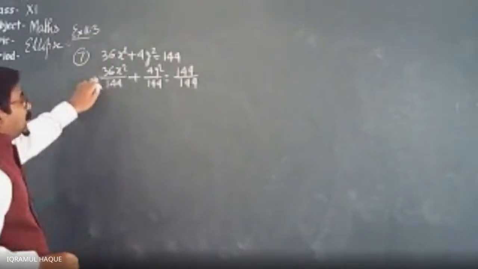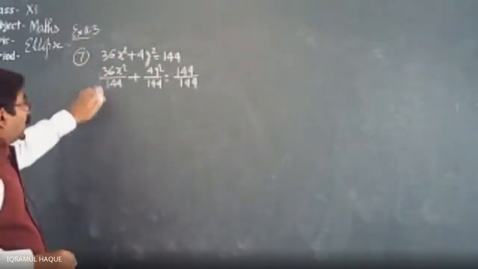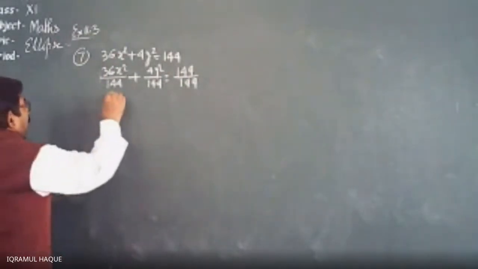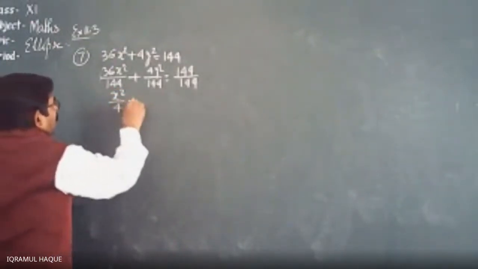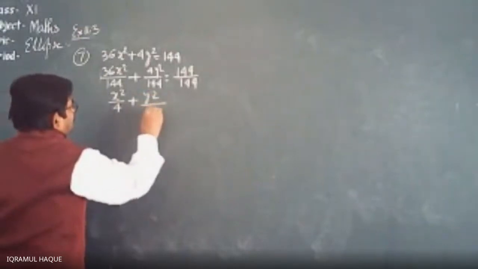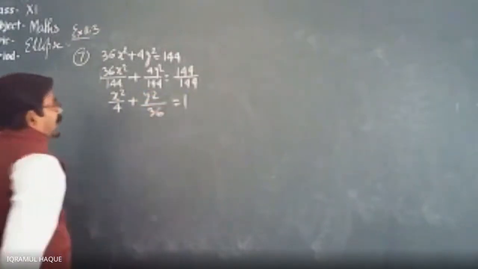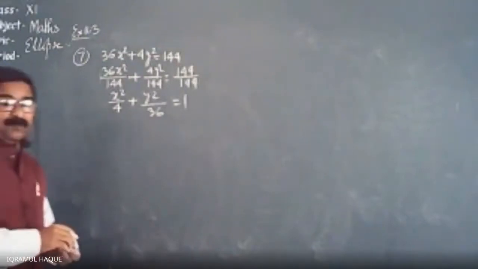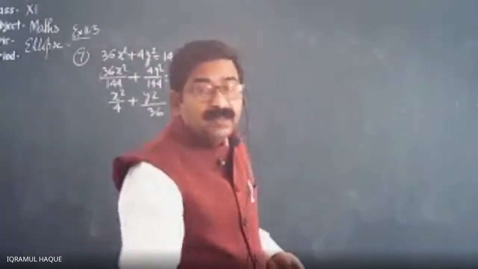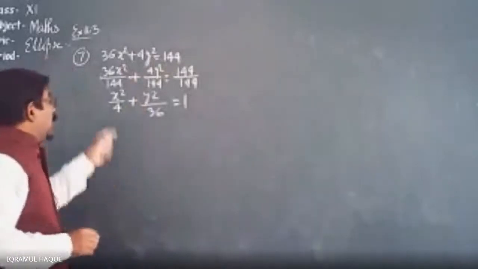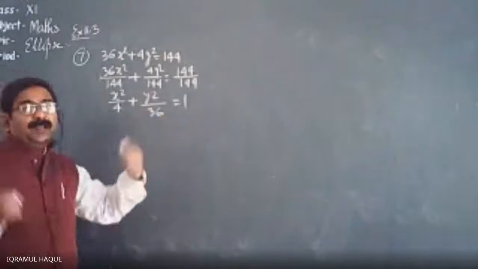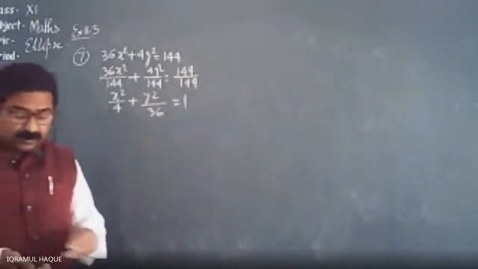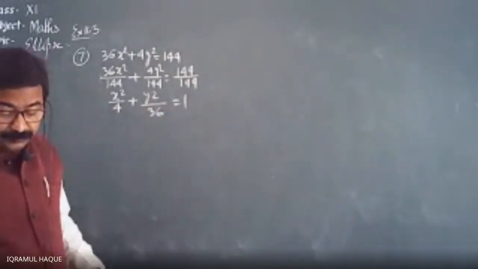This is 4 times, so we have x square upon 4 plus y square upon 36 is equal to 1. Now this is the form of the equation. Similarly, you have to compare this with x square upon b square plus y square upon a square is equal to 1, and find all the terms. Can you find? Yes, sir.